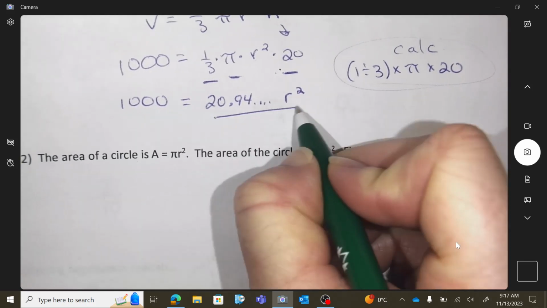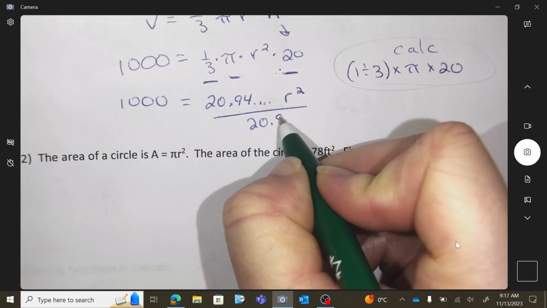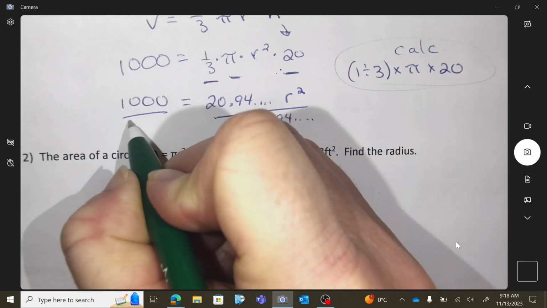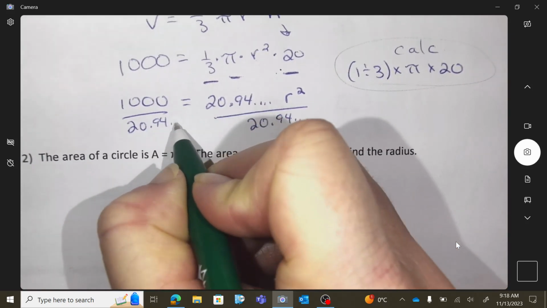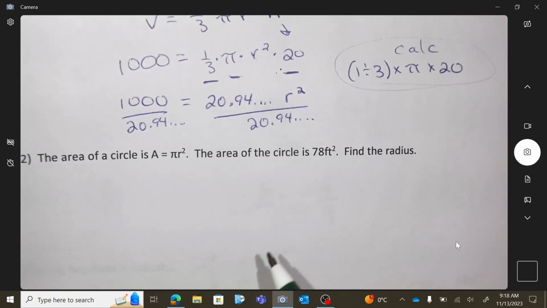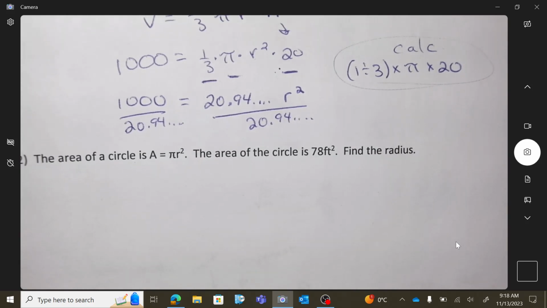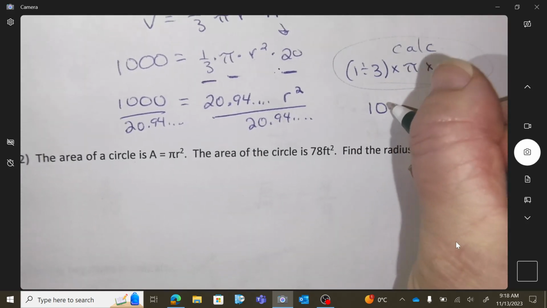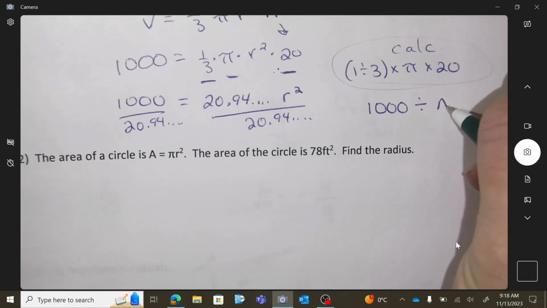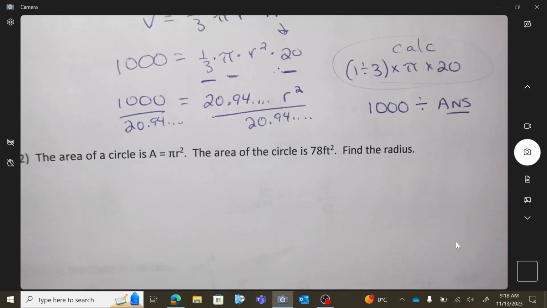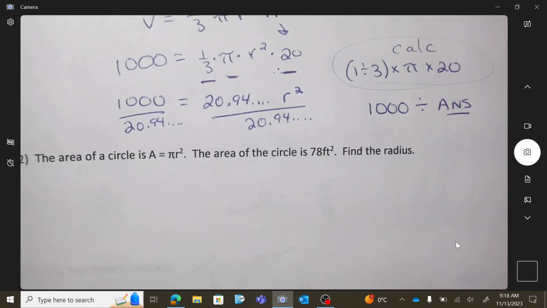Okay, what's the next maneuver to start to get R alone? We would divide it by that number, right? Divide by the coefficient. Okay, so here's my steps. I'm going to go 1,000 divided by, and then I'm going to push my answer button.